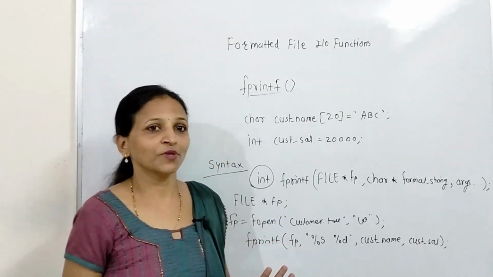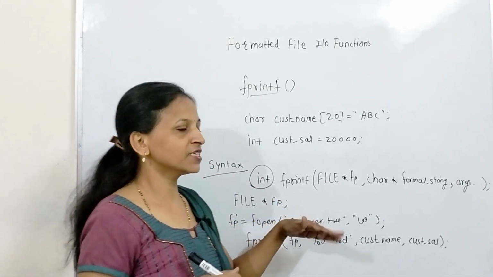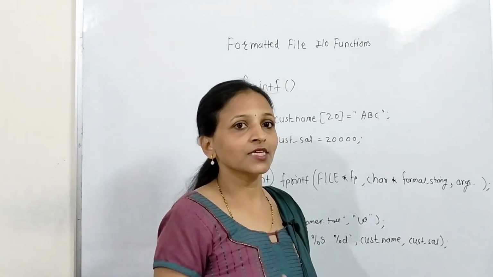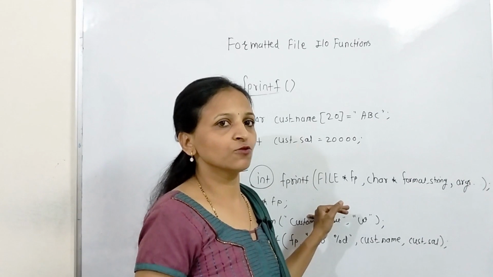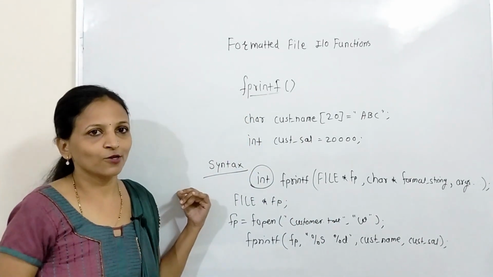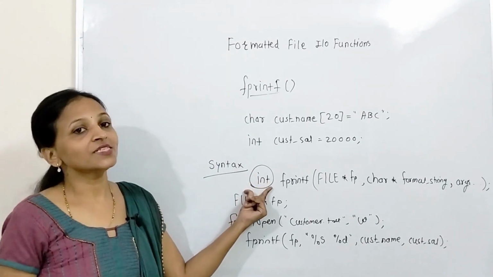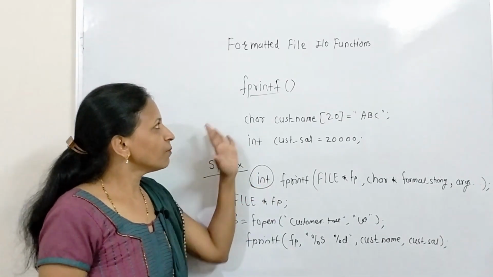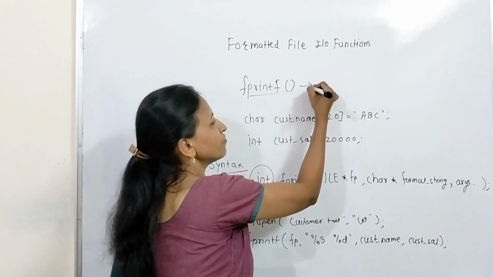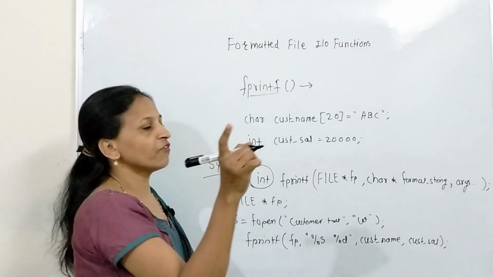That means it should be a non-zero value. If it returns 0, it means it has not written anything into the file. After successful execution, this function will return a non-zero value. Getting? That's why the return type is integer. This is all about the fprintf function, which we can use to write contents to the file in a formatted way.